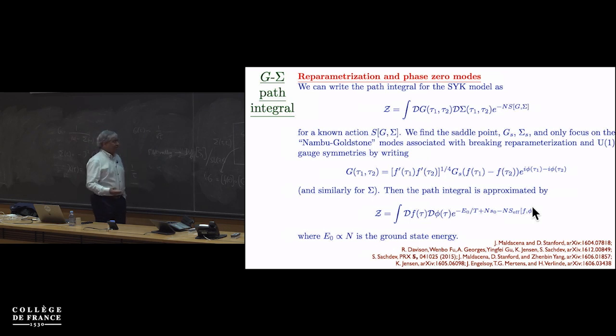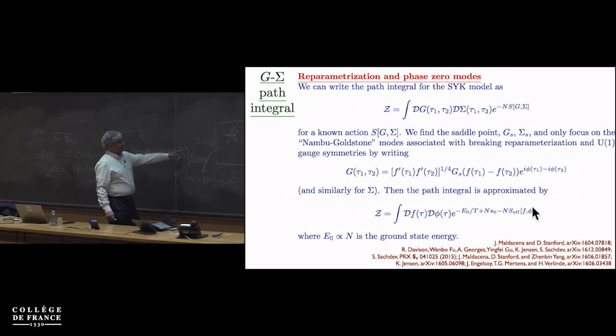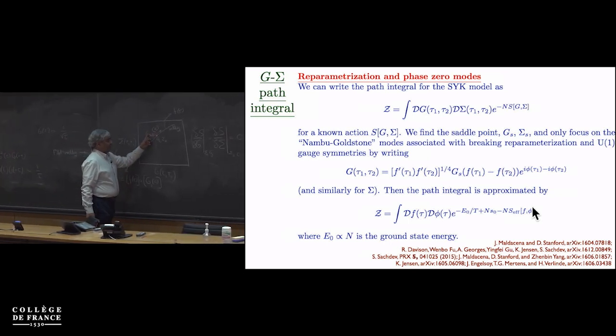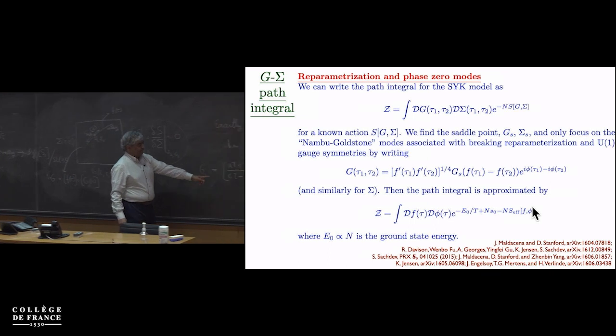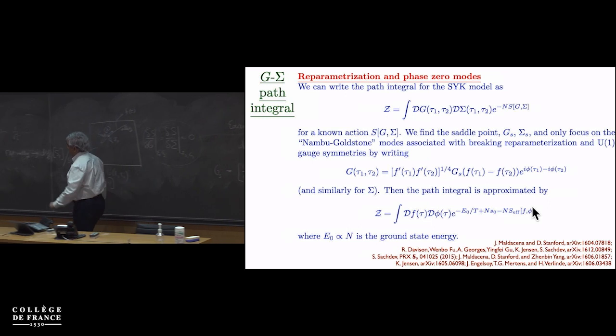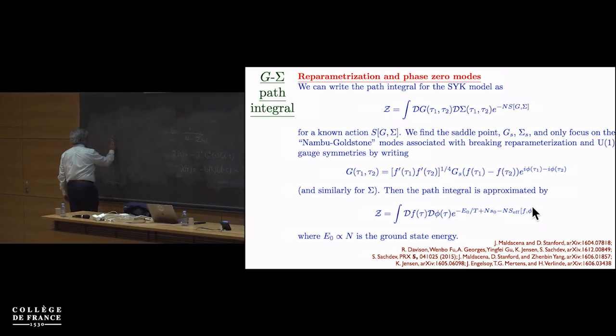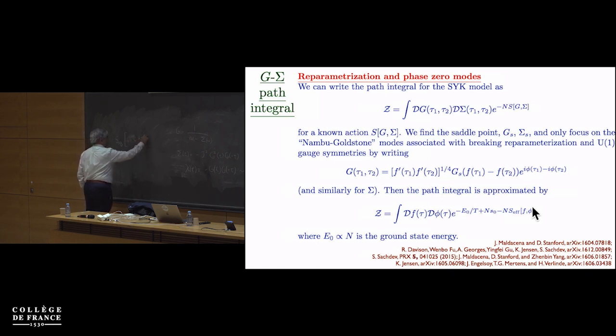So you want whatever S effective you write down to also obey this property, that the change in action has to be 0. So you want S effective of f of tau, if I take f of tau equals A tau plus B over C tau plus D, that must be equal to 0.